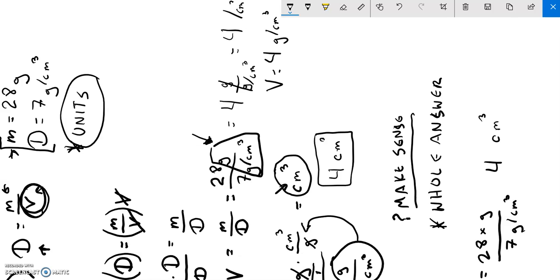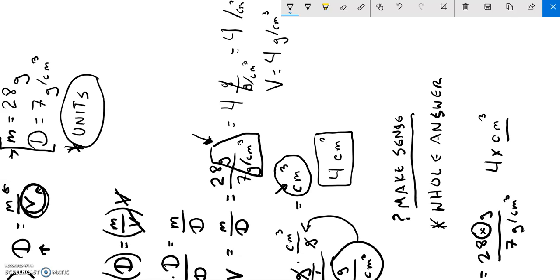Now, what do we do with this x? What a lot of you guys did in number 7 was you put the x at the end. And you said something like 4 centimeters cubed x. And you don't do that. No. Instead, what you do is you take any variables you have and you put them next to your number before your units.